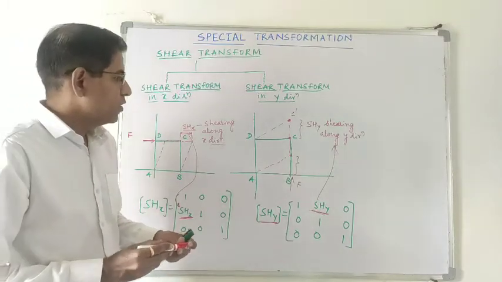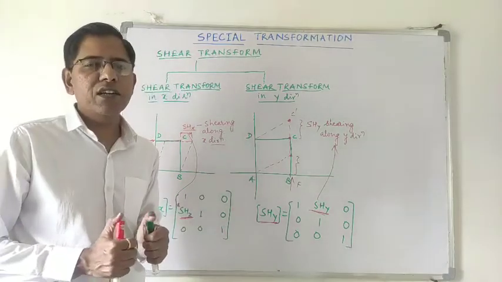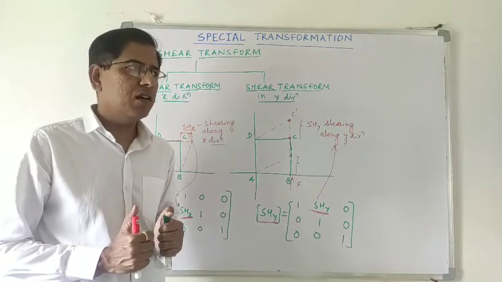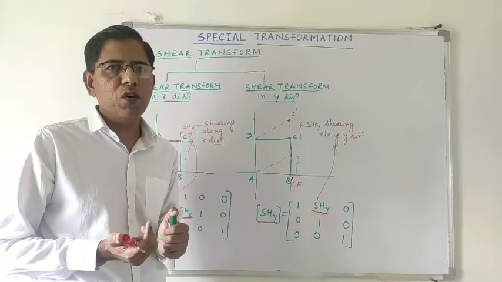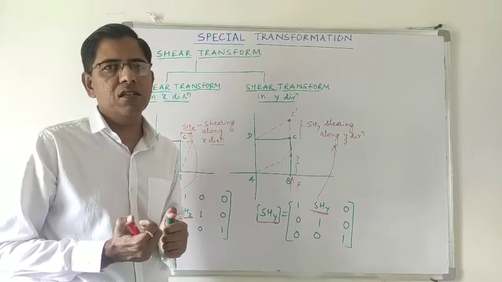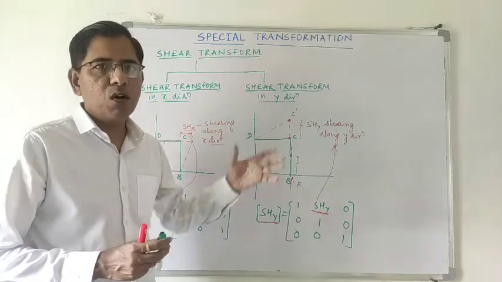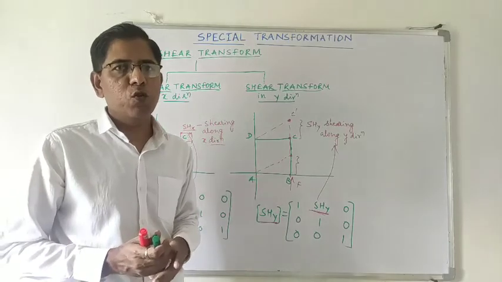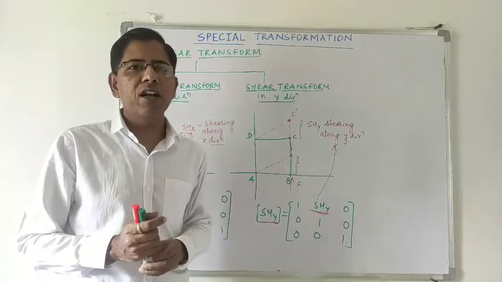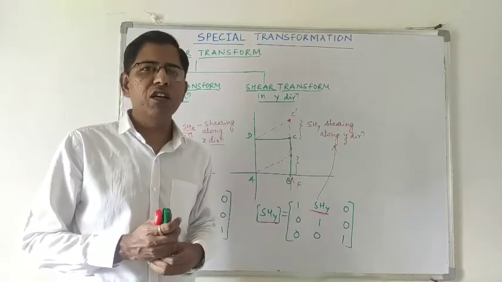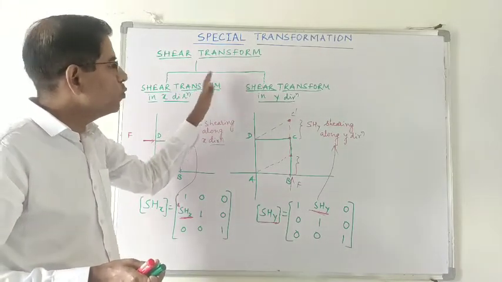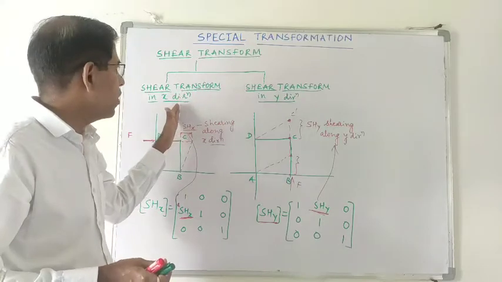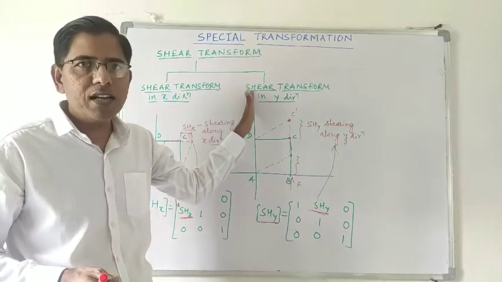Okay, so this is the shear transform, and always a small question of 2 marks or 3 marks is asked on this shear transform. So whenever there is a question, write down shear transform. In that case you have to specify the 2 types, that is shear along x direction and shear along y direction.